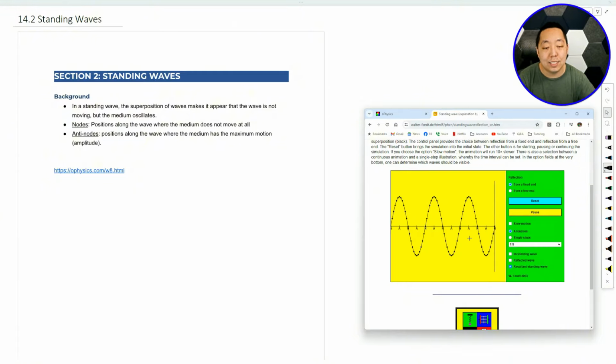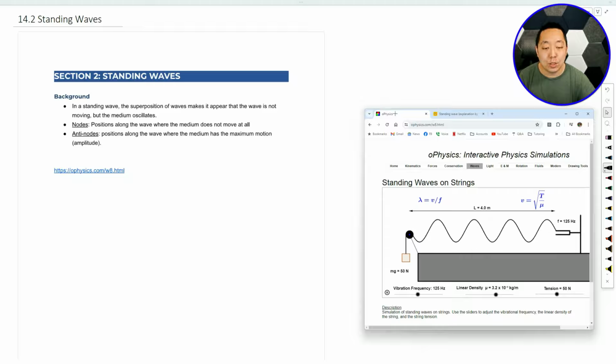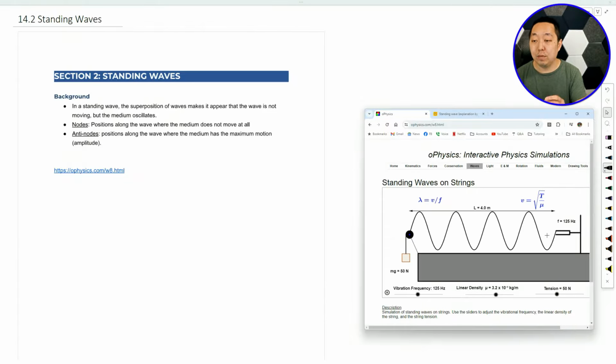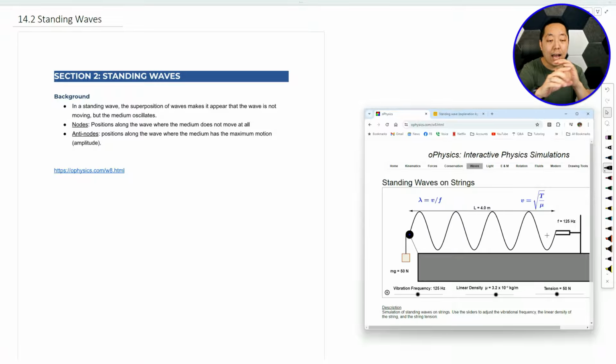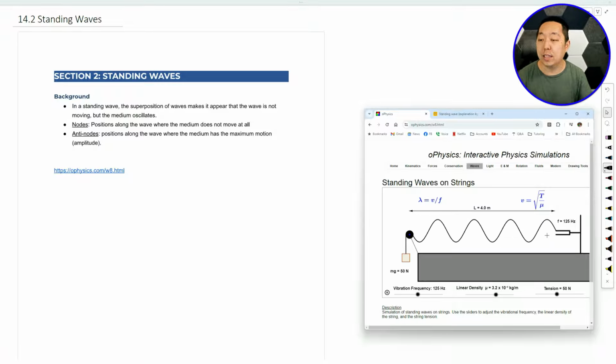And the result is this standing wave pattern that gets created. That's what this simulation is showing you. It appears like it's not moving, but there's really two waves that are adding in a specific way.